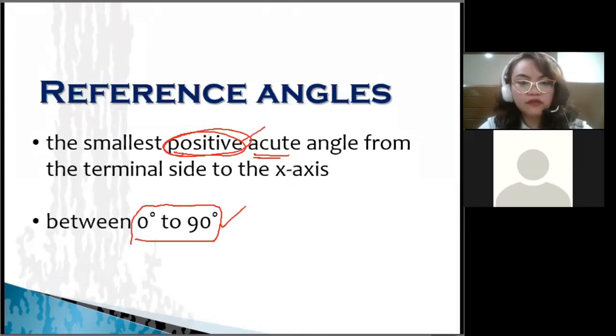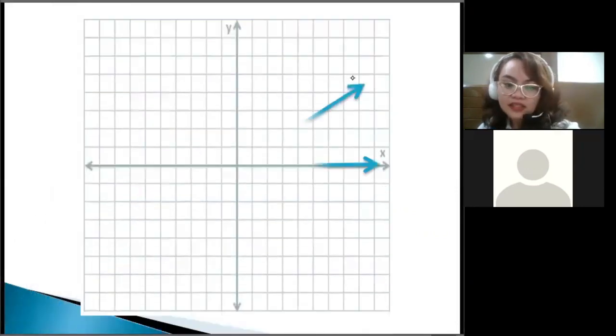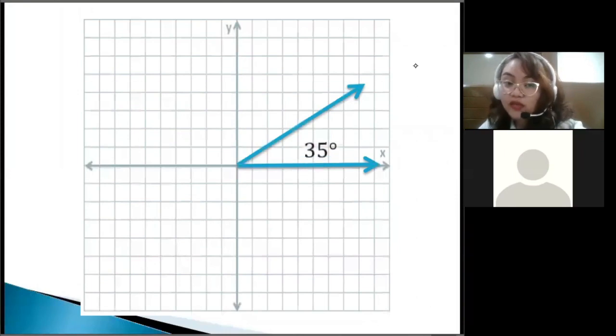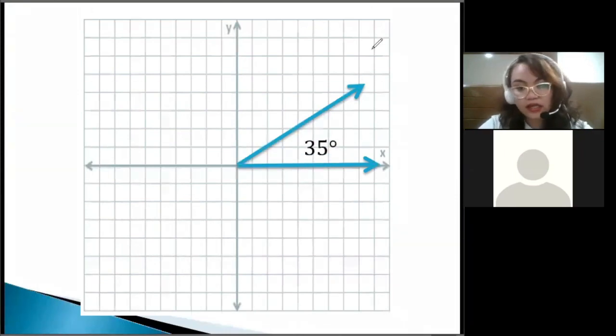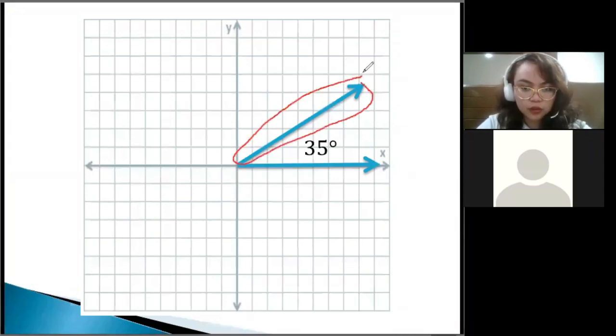Moving the slide in 5, 4, 3, 2, 1. Now let's practice. Say this is our angle and it measures 35 degrees. To identify your reference angle, you first have to check the terminal side. The terminal side here is this one.